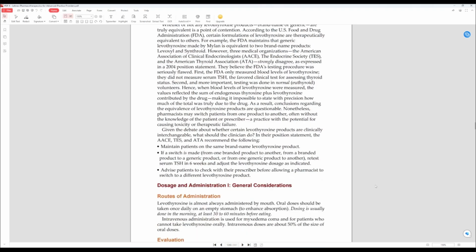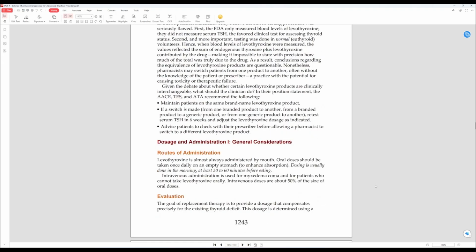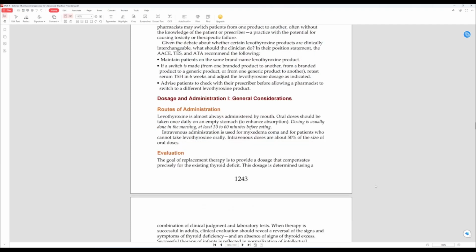Given the debate about whether certain levothyroxine products are clinically interchangeable, what should the clinician do? In their position statement, the AACE, the TES, and the ATA recommend the following. The first is maintaining patients on the same brand name levothyroxine product.